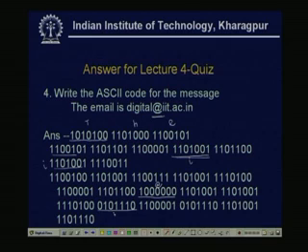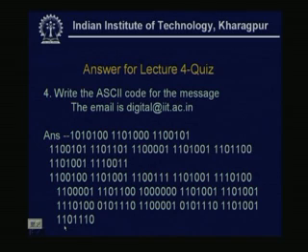Again, A C, and this should be again my dot. So, this is D I G I T A L at the rate I I T dot A C dot in. In that way, I will be doing that. So, this should be my ASCII code of IIT.ac.in.